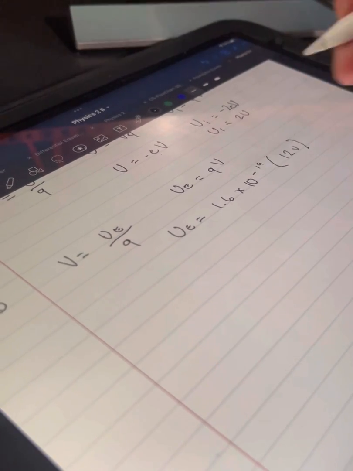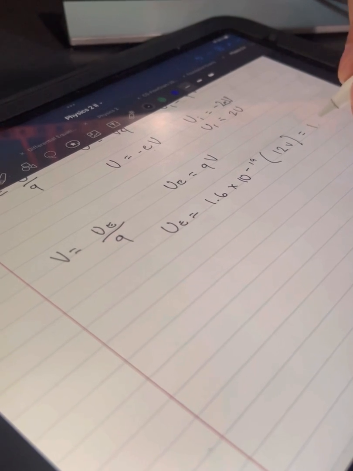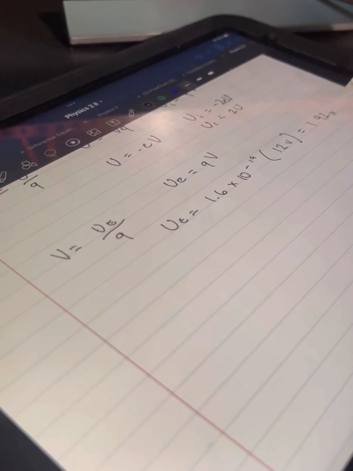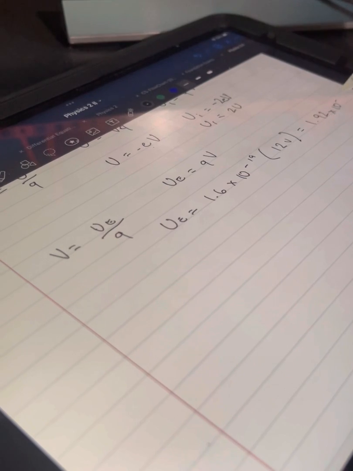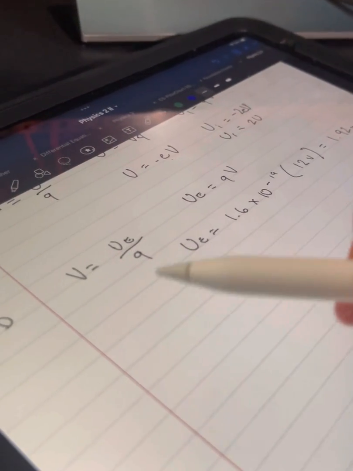When you finish this product, you will end up with 1.92 times 10 to the negative 18 joules. And that's the answer for that problem.